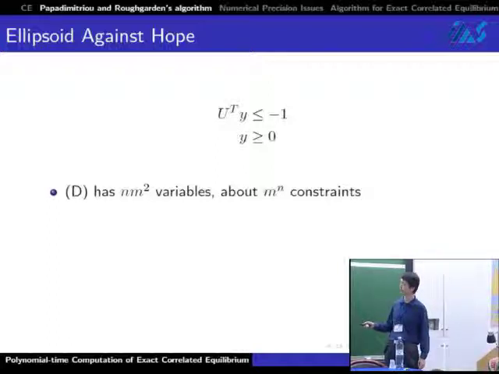Basically, we take the dual program D, which has a polynomial number of variables and an exponential number of constraints, but we recall that although they have an exponential number of constraints, if we have a separation oracle, we can just apply the ellipsoid method.